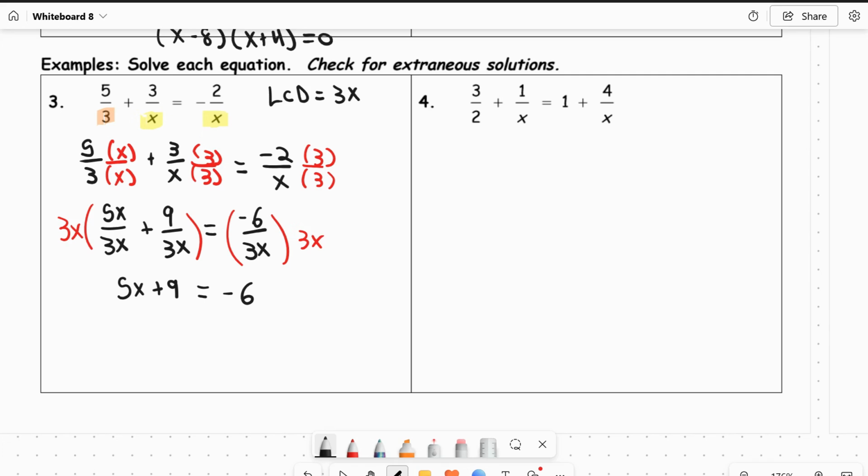Solving for x, subtract 9 from both sides, which gives me 5x equals negative 15. Dividing by 5, I get x equals negative 3. Once again, you would have to check this by substituting it back into the original equation. In this case, we are good to go.